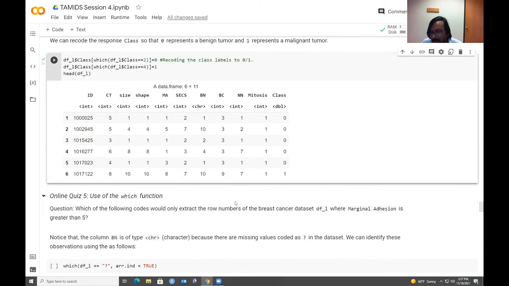So the idea is to recognize that the which function is what gives you back the row numbers. What the second function does is that it gives you the data frame corresponding to those rows and whatever columns are mentioned in the column area. In this case, since nothing is mentioned, it is going to return all the columns.